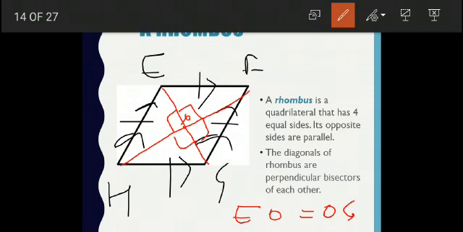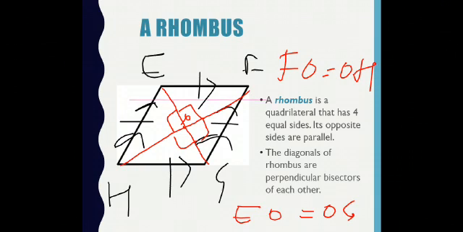Similarly, for the diagonal FH, the two parts are FO and OH, which are equal. So the diagonals of a rhombus are perpendicular bisectors of each other, meaning they make an angle of 90 degrees with each other and the subparts of these diagonals are equal. That is, EO is equal to OG and FO is equal to OH. And the opposite sides are parallel also.